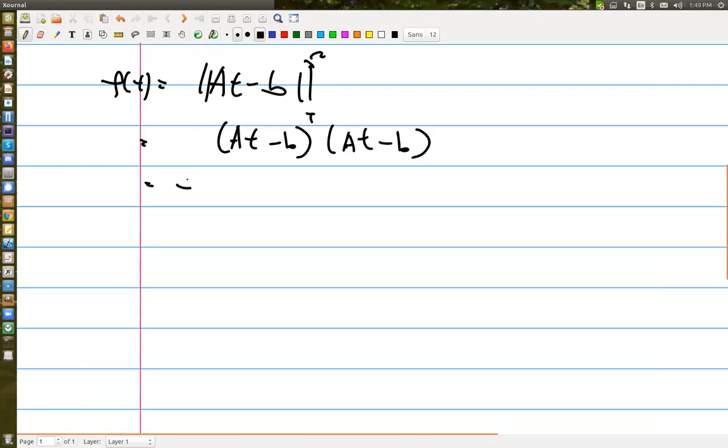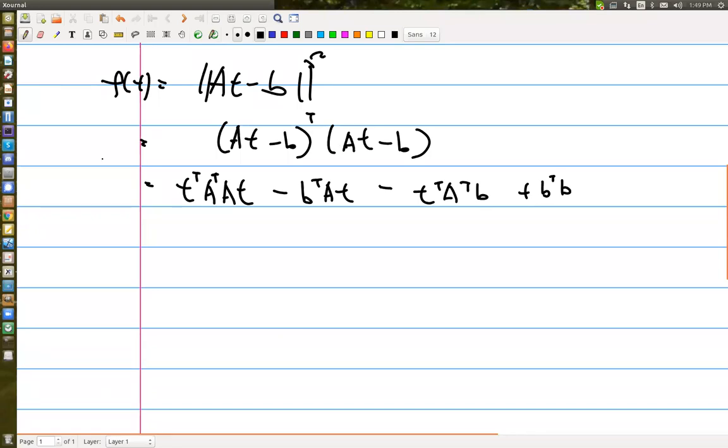So this will be t transpose A transpose A t minus b transpose A t minus t transpose A transpose b, plus b transpose b here.